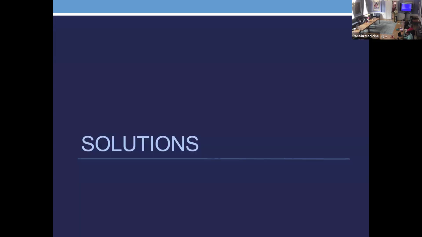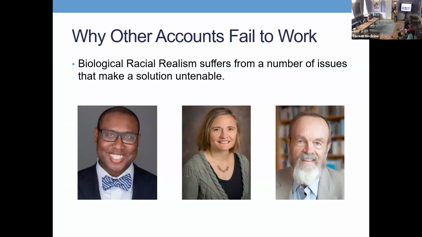Solutions. Let's think about some solutions. Well, I think other accounts fail to work. This is important because these are examples of famous philosophers who argue for a particular type of biological racial realism.